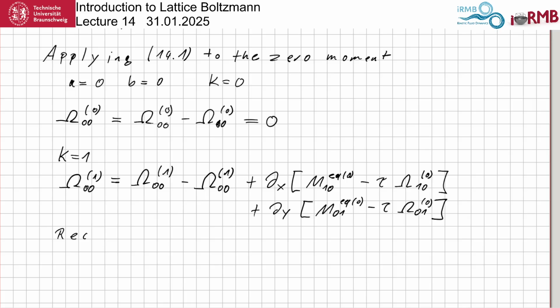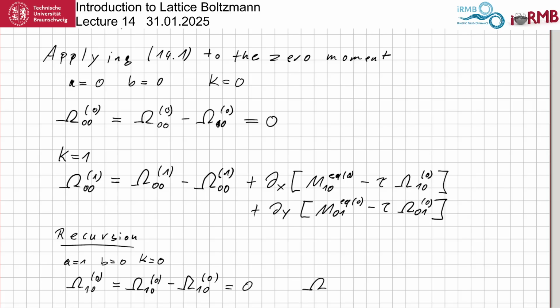But what we actually have to do is check this by using the recursion. So we take the same equation. Now we have to specify that A is equal to 1 and B is equal to 0, and K is equal to 0, and then we come up that omega 1, 0 to the order 0 is omega 1, 0 at the order 0 minus omega 1, 0, and this is 0, and of course we'll observe the same thing also for omega 0, 1.